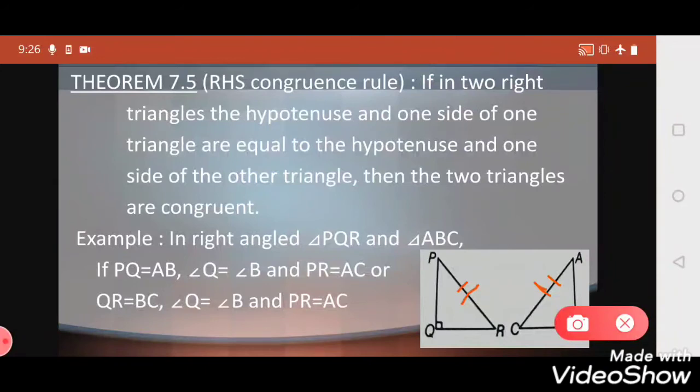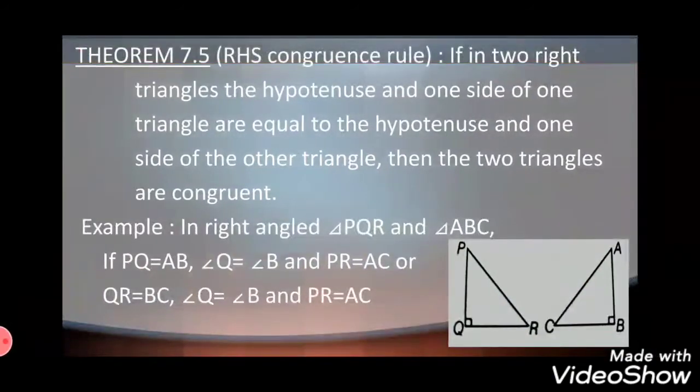The right angle is necessary, angle Q equal to angle B. And another side, that is QR equal to BC. So it is not necessary that a fixed leg side should be there. In the legs there are two sides, so it may be any one of them. Then triangle PQR is congruent to triangle ABC.